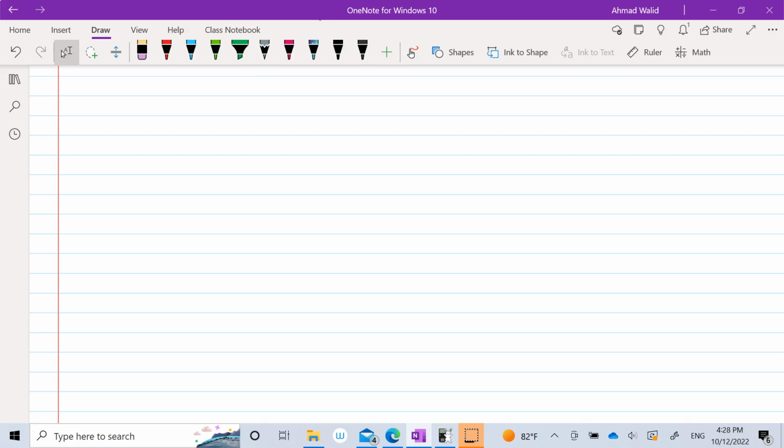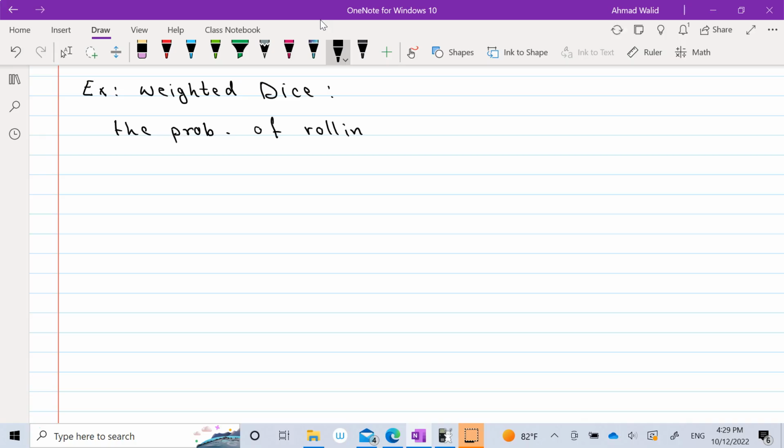Let's do an example. In this example, I'll use weighted dice. Correct? I will write the example for you. The probability of rolling a 4 is 30%.